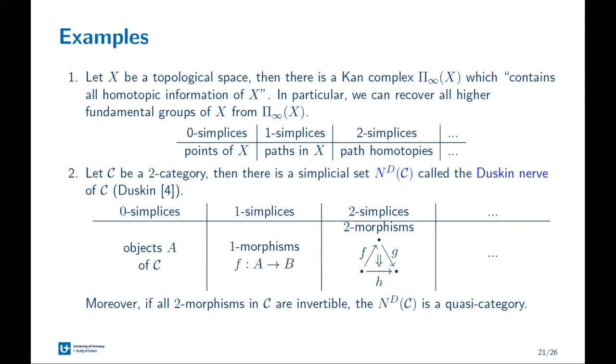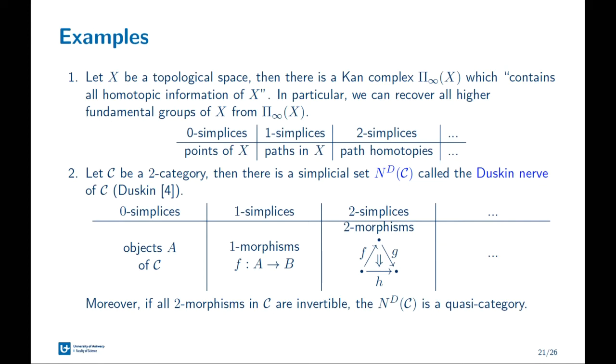Another example, if I start with a 2-category, so it's like a smaller version of an infinity category, if you will, then you can associate with it a simplicial set called the Duskin nerve, which was unsurprisingly invented by Duskin. And in low dimensions, it's defined as follows.